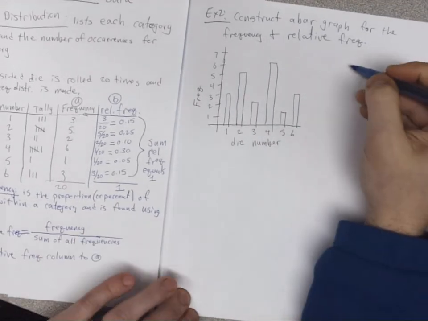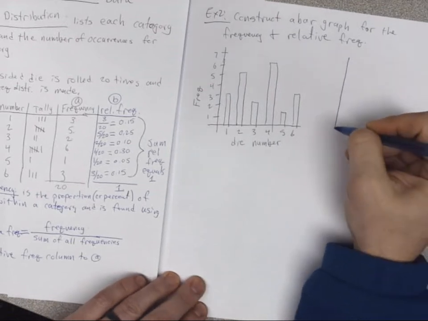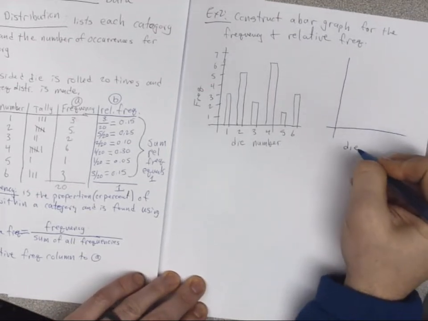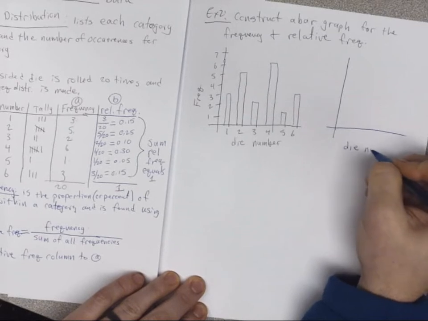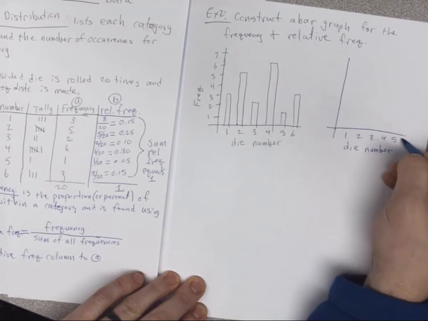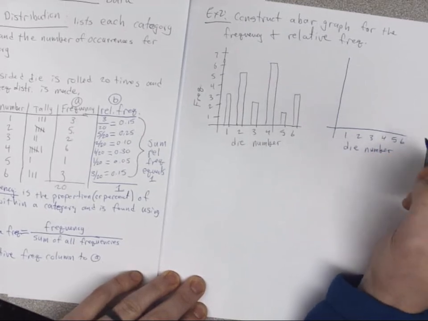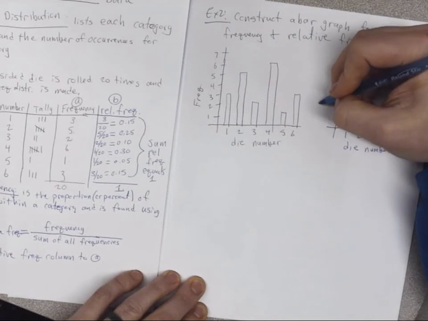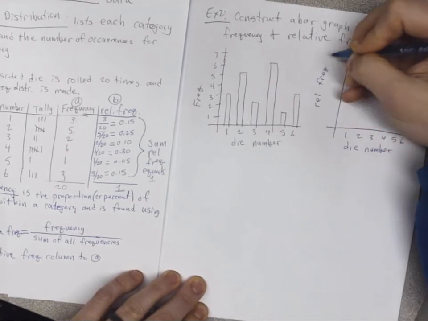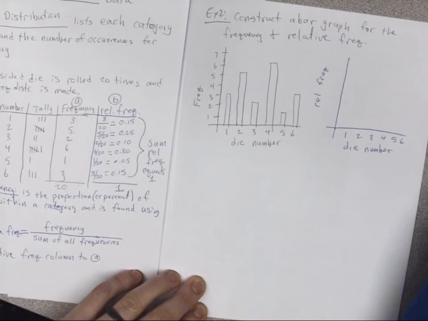Now to do a relative frequency, the bottom will be the same. It's the die number. Except this time, we want relative frequency here. So those are going to be our proportions or our percentages.